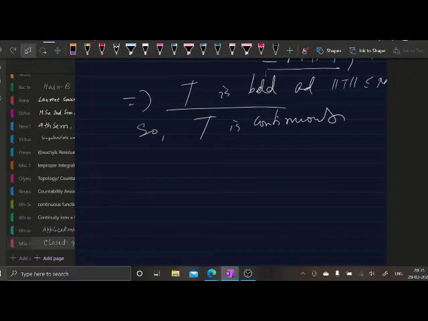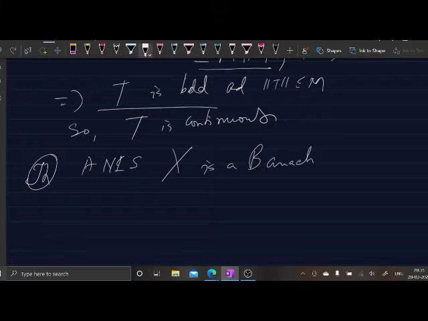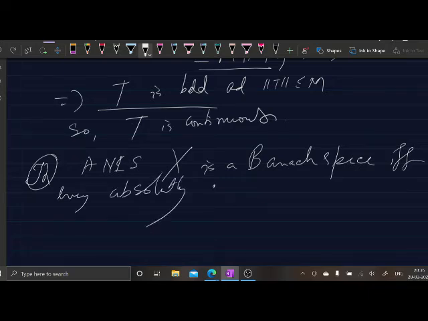That means the theorem is: a normed linear space X is a Banach space if and only if every absolutely convergent series is convergent.